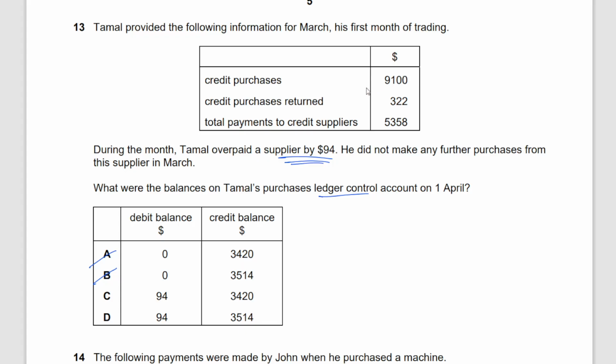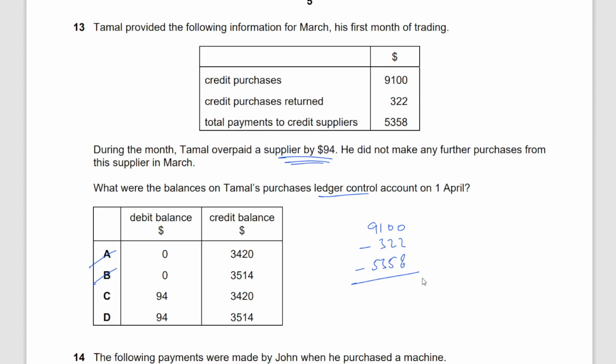Okay, so during the year, there were credit purchases of 9,100. That's a liability. 322 were returned, so that reduces the liability. And 5358 was paid, so that also reduces the liability. So what was Tamal liable for at the end? Let's see. 9,100 minus 322 minus 5358.